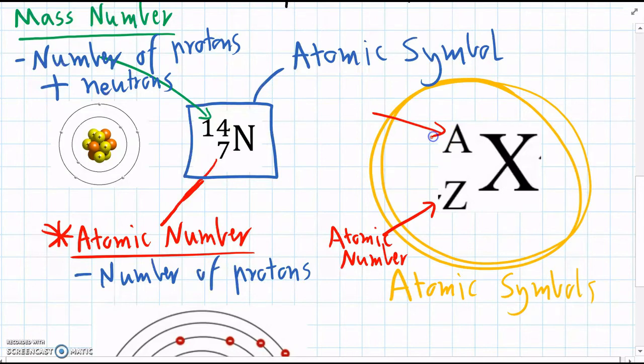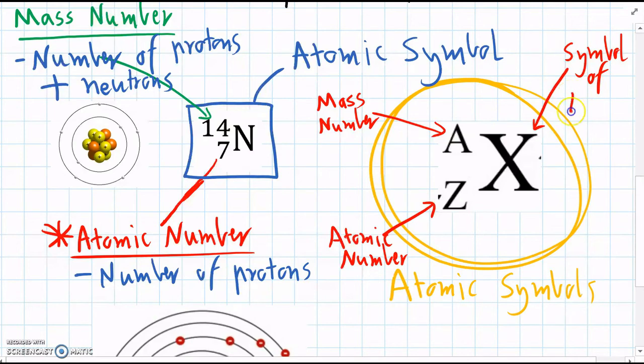And A is the symbol we use for the mass number. And X is just the atomic symbol of whatever element we're looking at, so the symbol of that element.